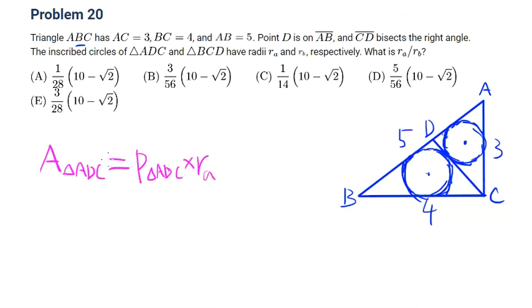The radius is RA. And the area of BDC equals the perimeter of BDC times RB. Well, if you're wondering why that's the case, then allow me to show you.